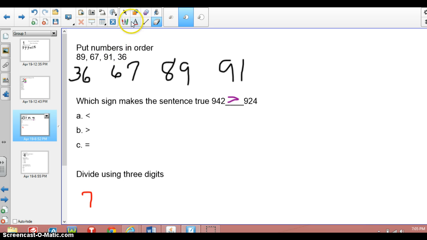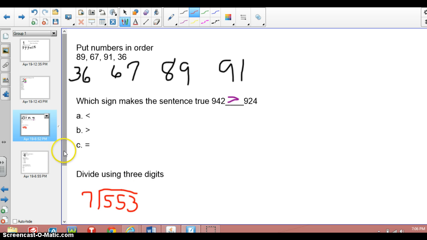Division sign. And let's go back. 7 divided by 553. Okay, make the line a little longer.